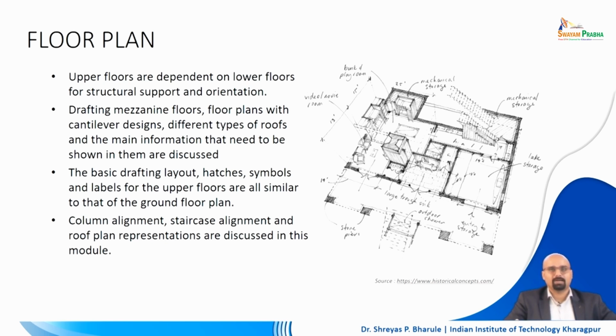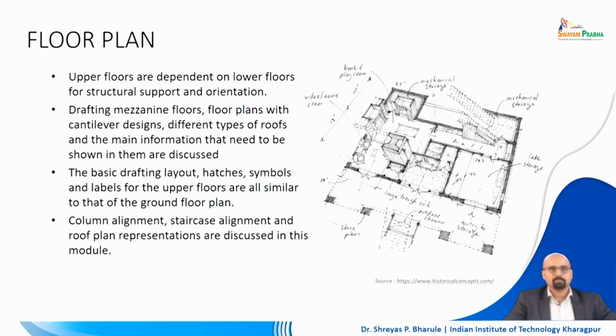So for a variety of reasons upper floor plans are dependent on the lower floors. Also for electrical supply, the supply of services, utilities, the drainages that are to be brought from upper floors to the lower floors, for all of those things.